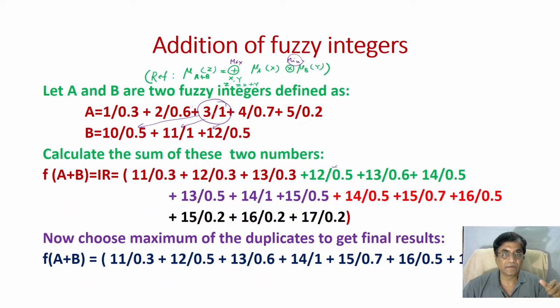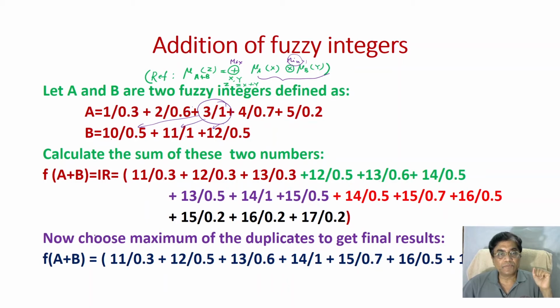Both have membership value 1, so 1 we have taken. Then 12 plus 3, 15 with membership value 0.5, because I have to take the minimum of the membership values first. In this way, I have created a fuzzy set which is the intermediate state of summation.